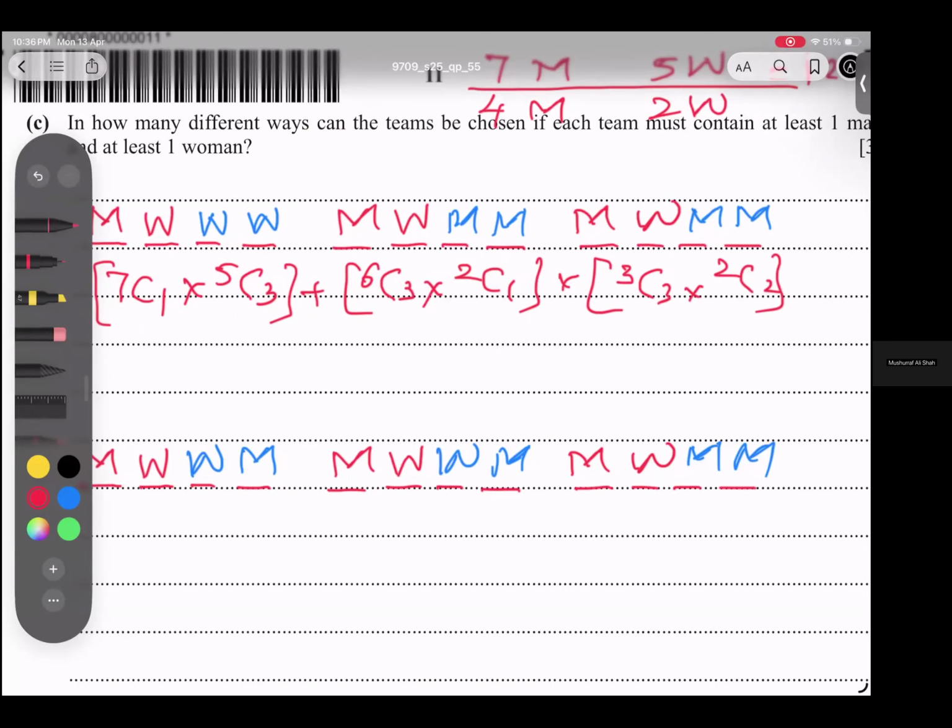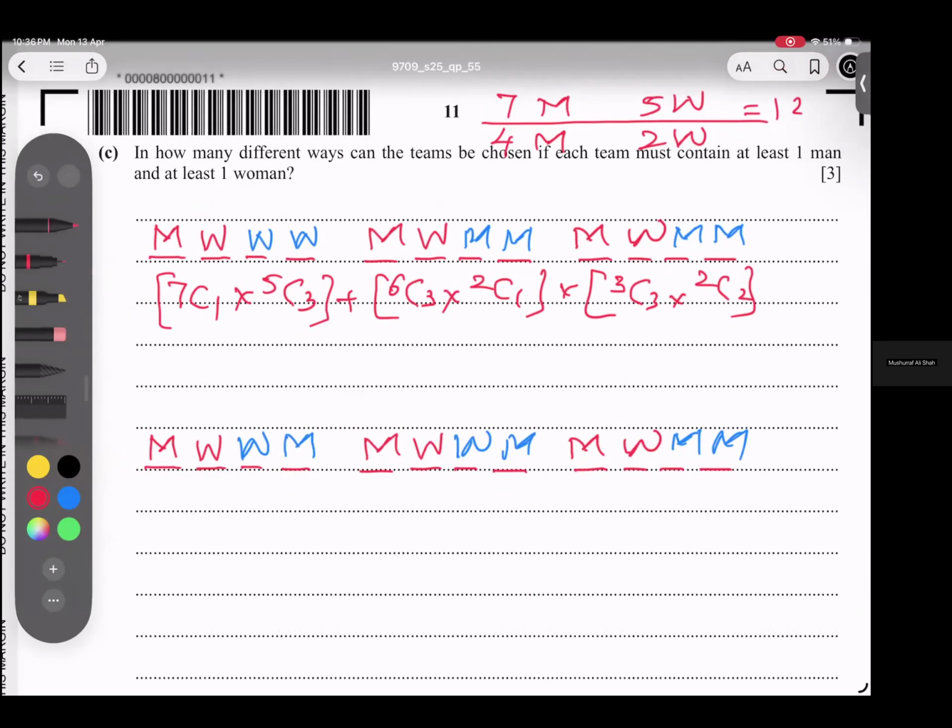Now if we type it in the calculator, hold on. I am typing 7 times 5C3 times 6C3 times 2C1, and times 2, that is the end numbers. If you don't type, no problem at all. But there is an interesting part.